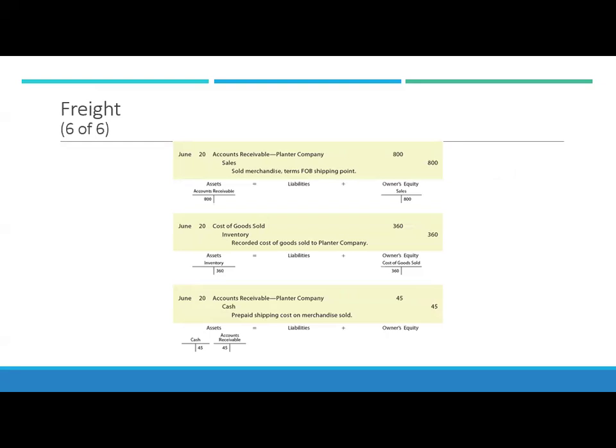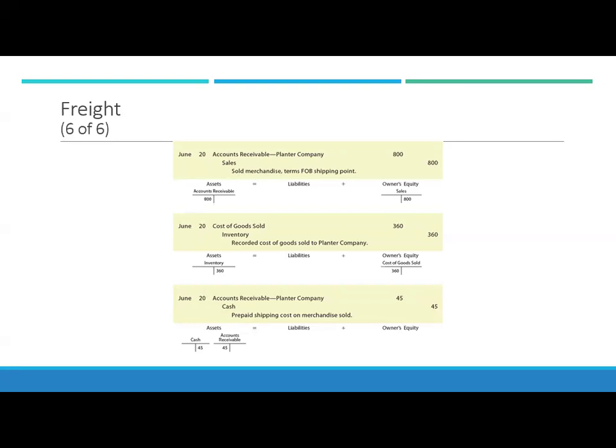It's a debit accounts receivable, credit sales, debit cost of goods sold, credit inventory for the amount of the sale. And the shipping is a debit to accounts receivable of $45 because they increased the bill by $45, but it's not revenue to them. They were just facilitating the shipping. They have a relationship with the shipping company or whatever, and it's just easier for them to pay for the shipping.